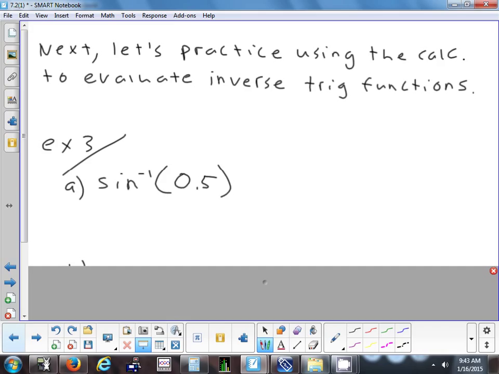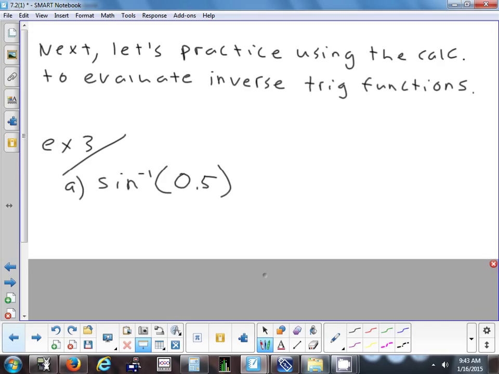All right, let's see if we can find inverse sine of 0.5. Okay, there's a few ways you could do it. Okay, and I'm not really going to be picky about how you do it. You could graph inverse sine of x. You could graph the line, graph something else, and then see where they cross. Okay? You could do it that way.